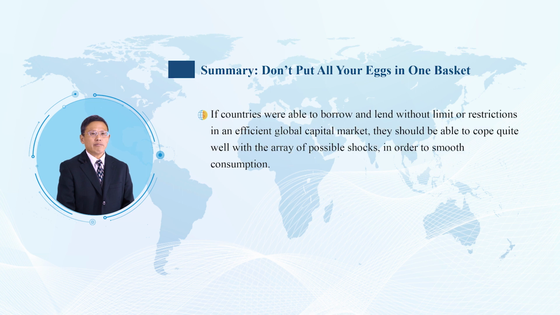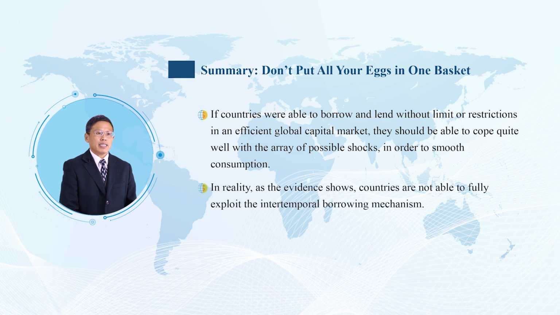If countries were able to borrow and lend without limit or restrictions in an efficient global capital market, they should be able to cope quite well with the array of possible shocks in order to smooth consumption. In reality, as the evidence shows, countries are not able to fully exploit the intertemporal borrowing mechanism.